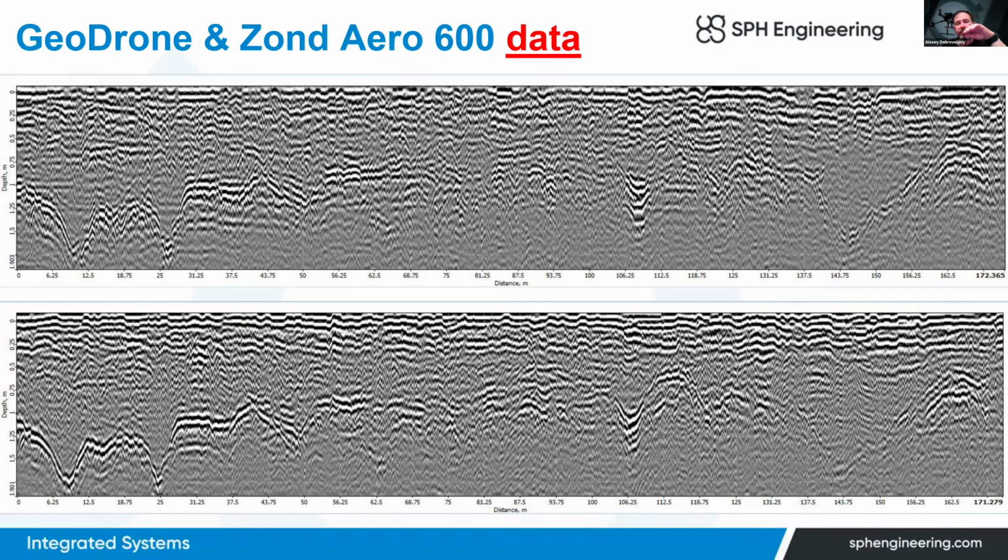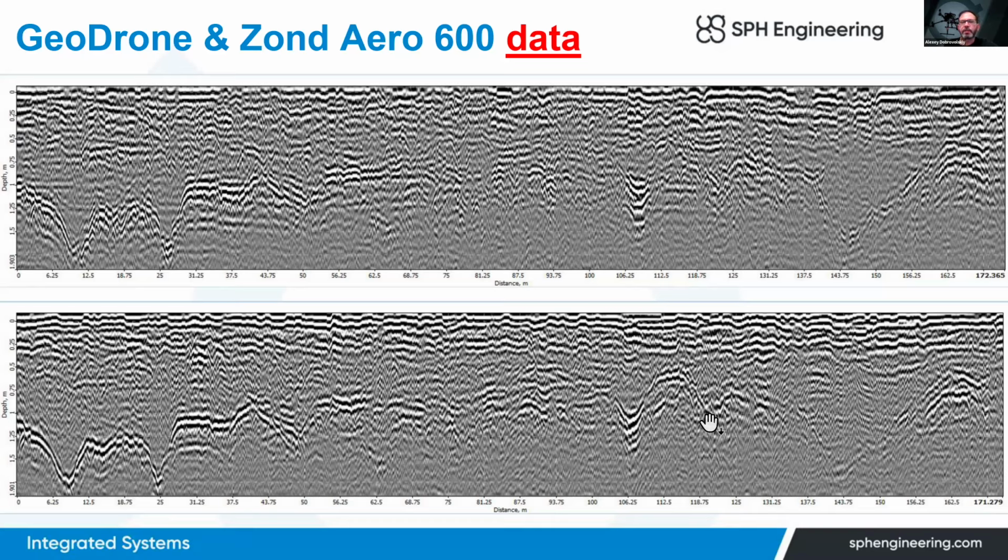And it is good because I don't want to have a discussion here about whose apples are greener, what is better, because both GPR systems deliver exactly what we expect from a 600 megahertz system. You can see that the data is very, very similar, even in small details.